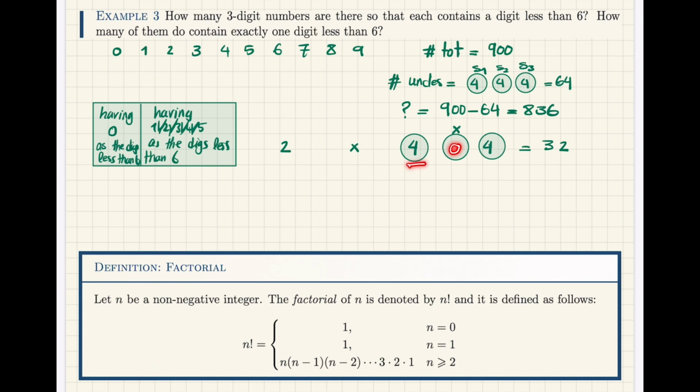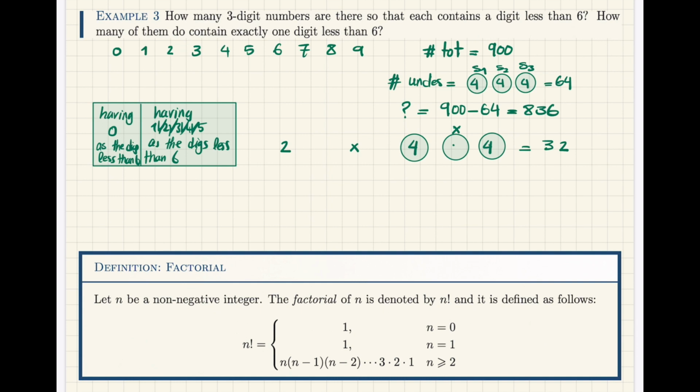Then there are 2 other digits that you need to fill in. But you are not allowed to choose these digits from these numbers because you want to have exactly 1 digit less than 6. So you have 4 options available for filling up this number and 4 options available for filling up this number. So in general, you have 32 options if you want to have that digit to be 0.